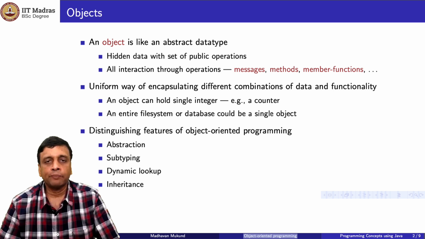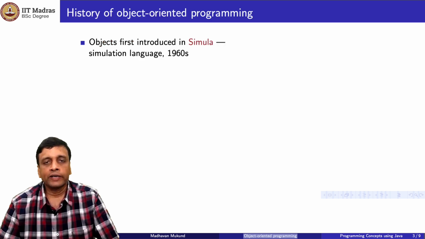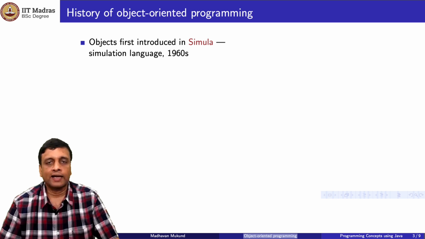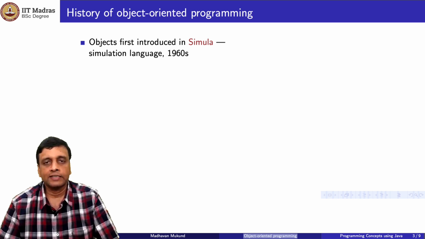And along with subtyping comes an important idea called dynamic lookup, which we shall explain. And there is also a related idea to subtyping called inheritance, which is to do with reusing implementations.